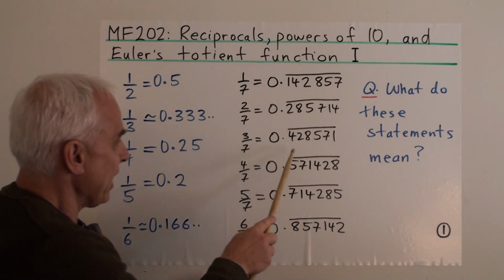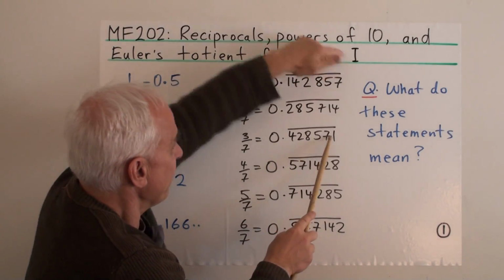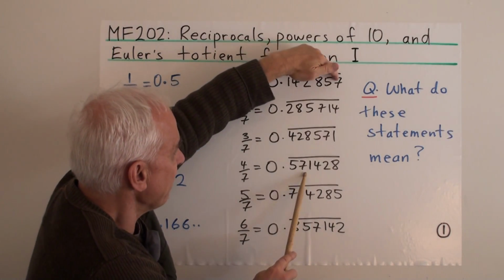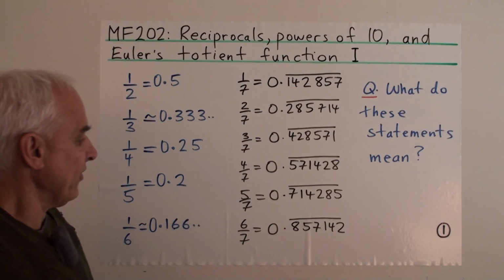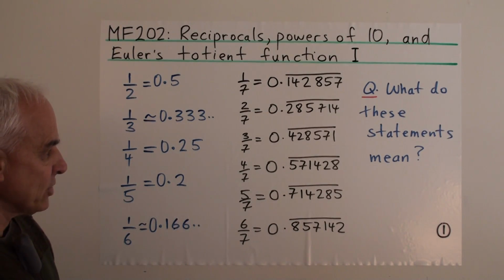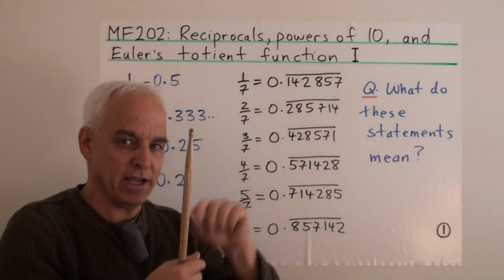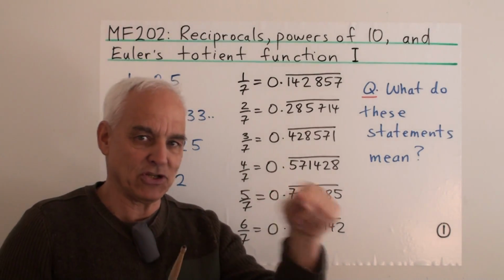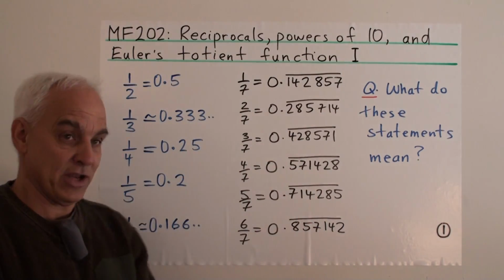With 3/7 we get 0.428571. 4/7 is 0.571428. And here's 5/7 and 6/7. So it's always the same 6 numbers, but you can think of them as being on a circular track, always going in the same direction, and where you start determines the particular sequence you get.